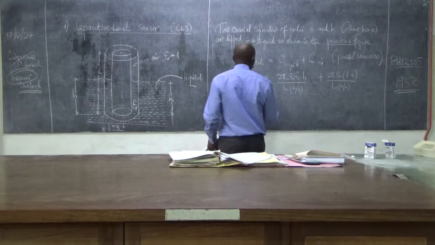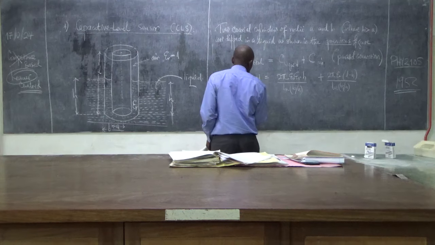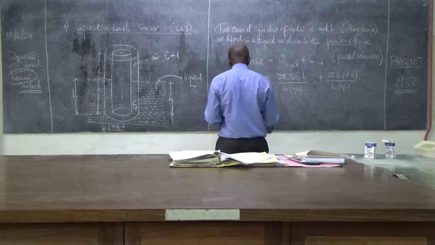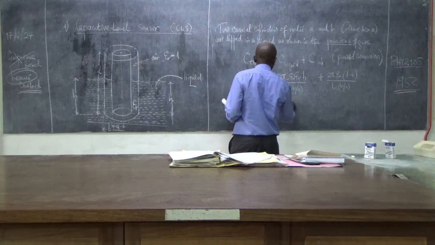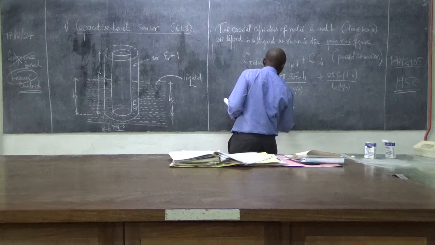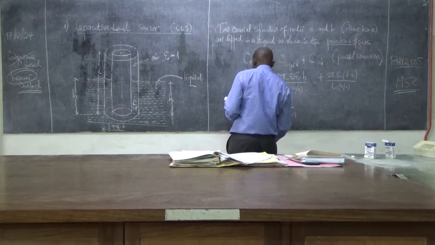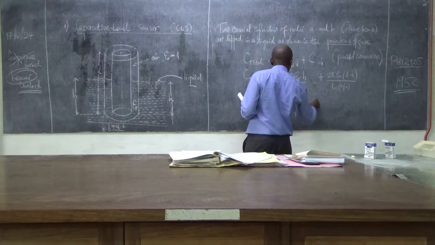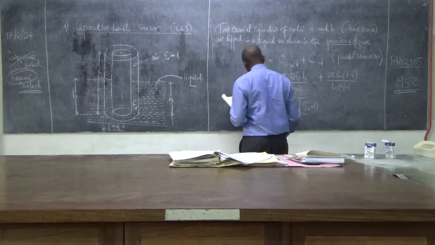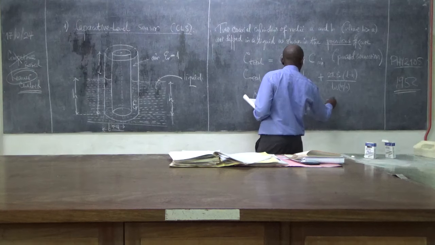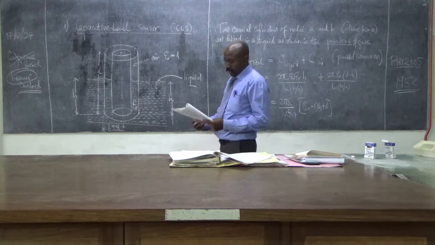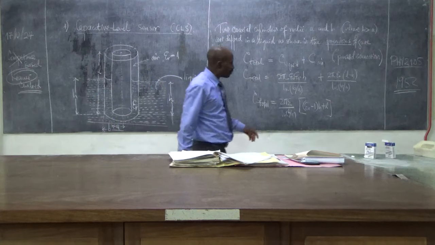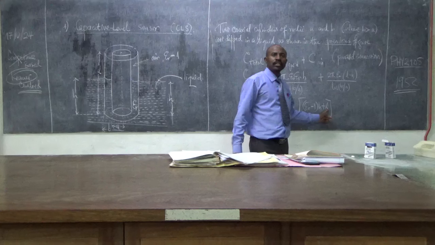So we can just write it nicely as C total being the same as 2 pi epsilon naught over natural log b over a, and then epsilon r minus 1 H plus L. So the length L here is a constant.